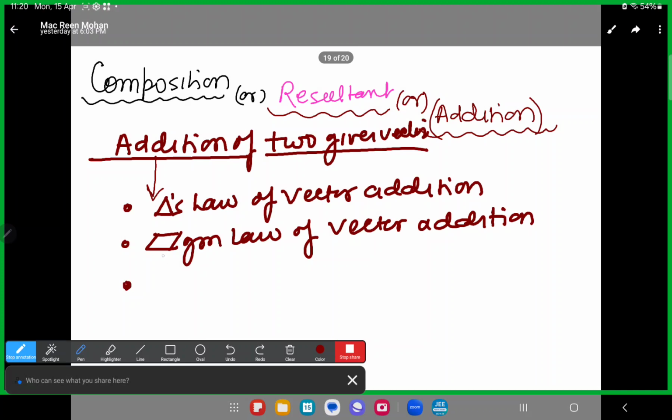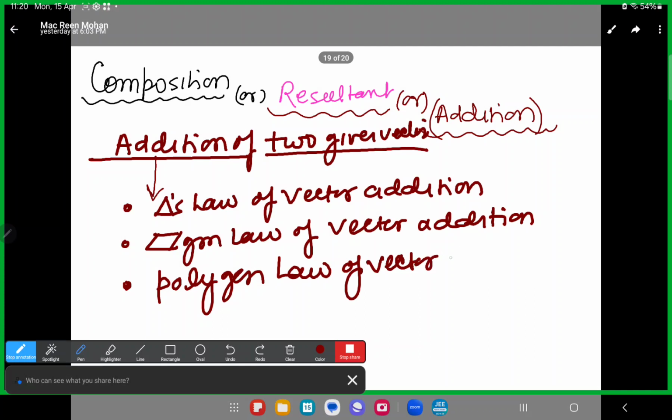And the last is the polygon law of vector addition. So these are the three major methods through which we can calculate the composition, resultant, addition of the given vectors.